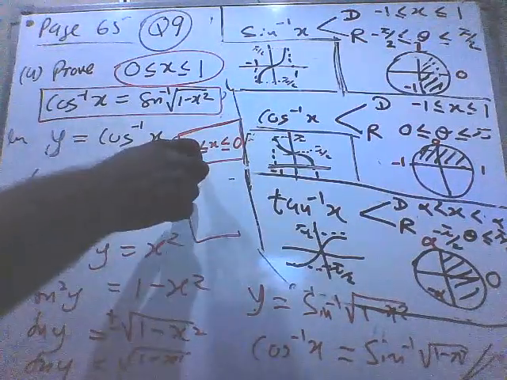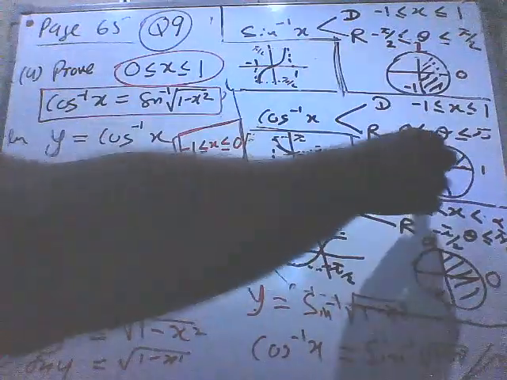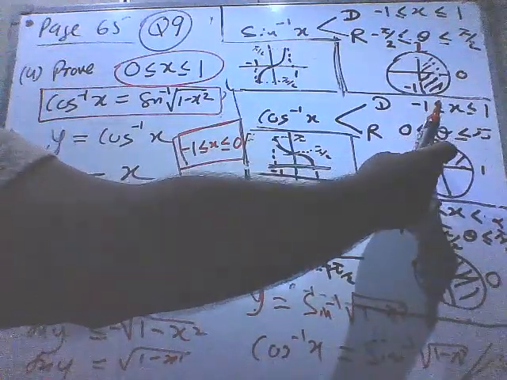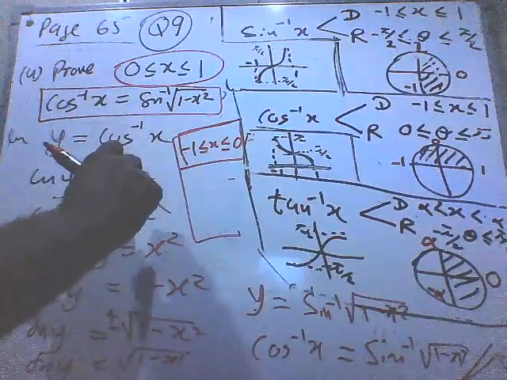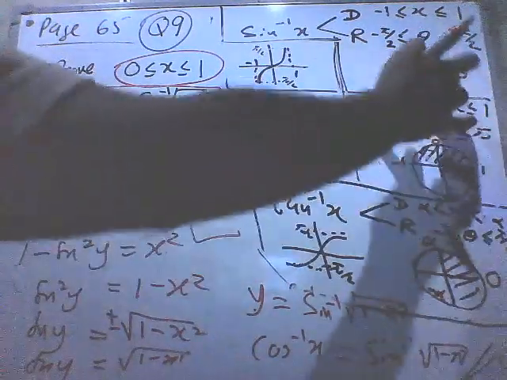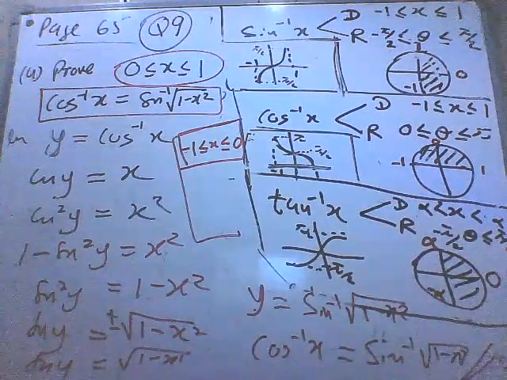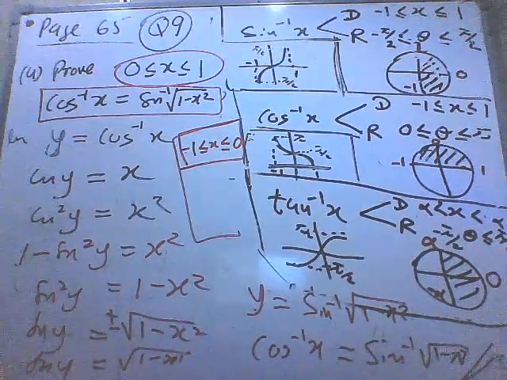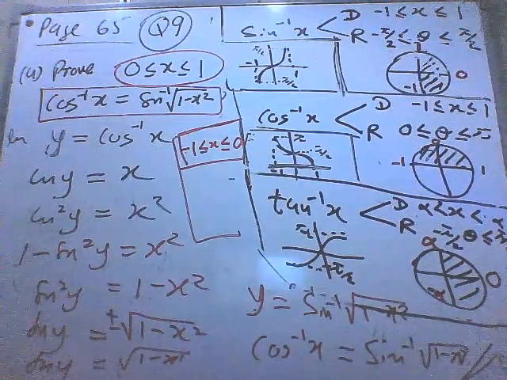The reason is, if you take minus 1 to 0, cos inverse will be in this range, and sine inverse will be in this range. So actually then it can't happen, because the solutions are not in a common area. So you can write that reason.